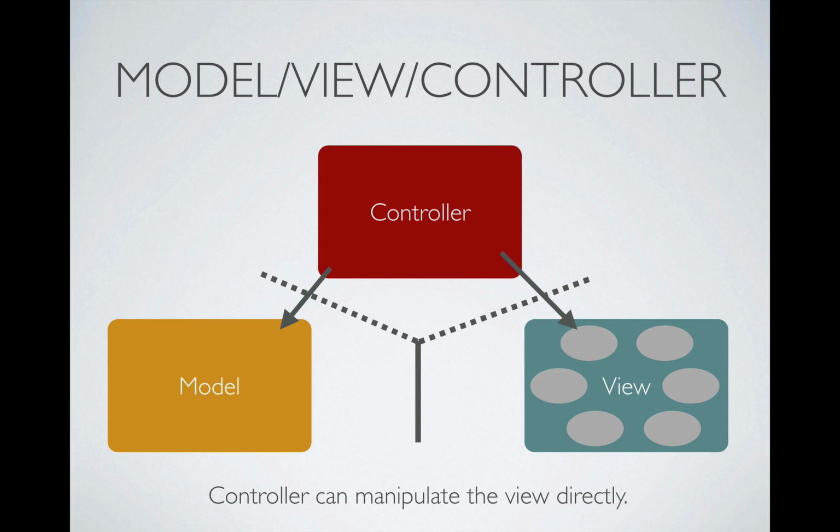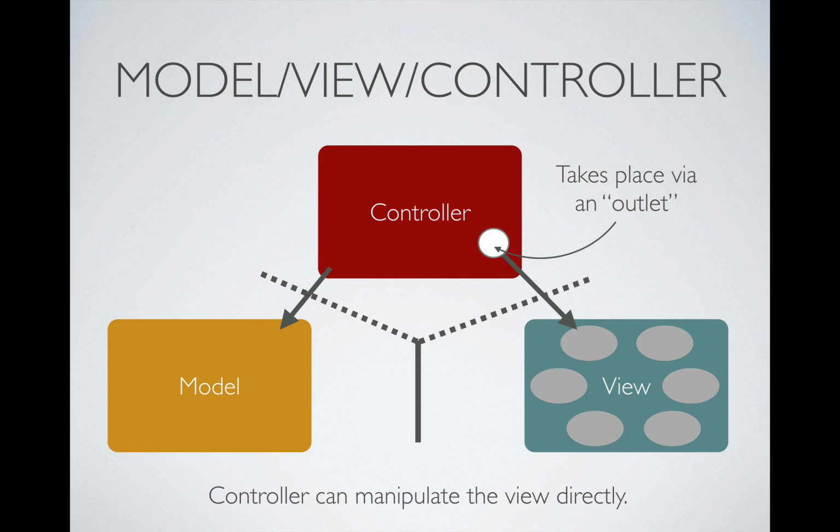The controller can also manipulate the view directly. So it has knowledge of what's in the view, what UI controls are out there, and what it can do with those controls. And what happens in iOS is when we need to have access to something in the view, we do this via what we call an outlet.